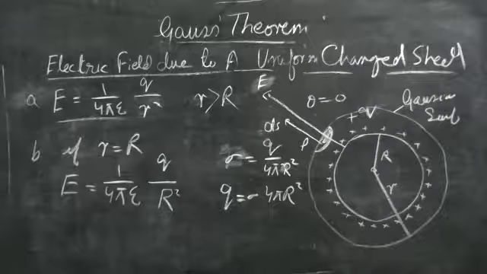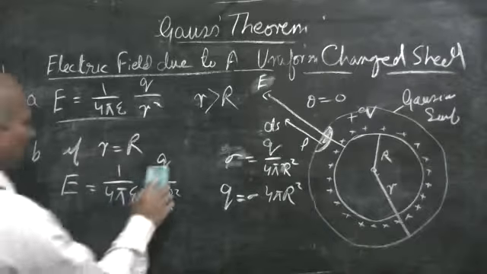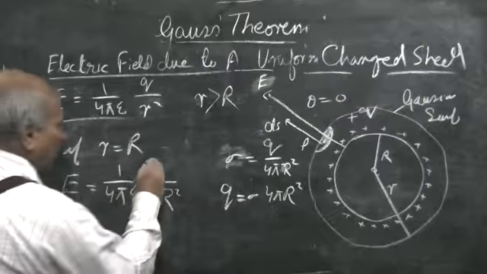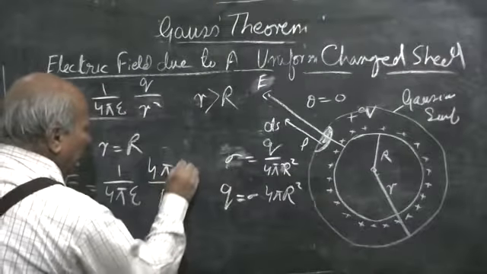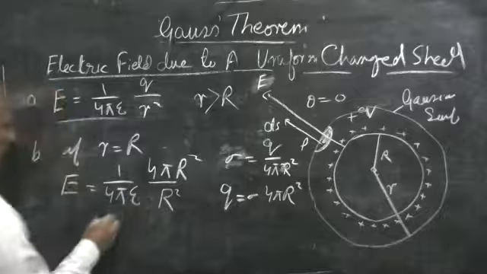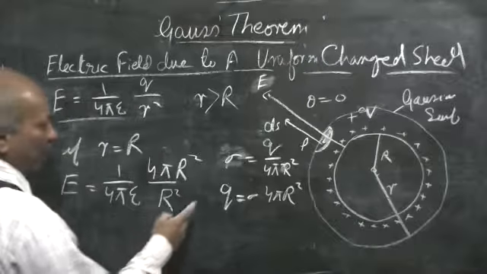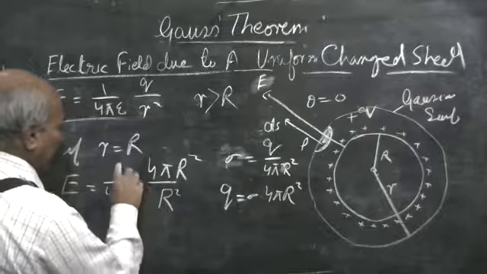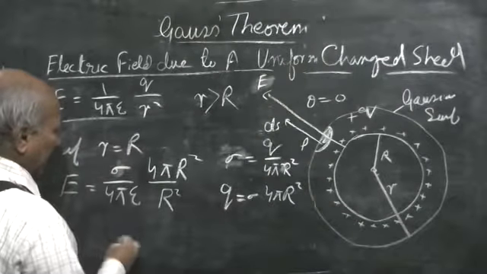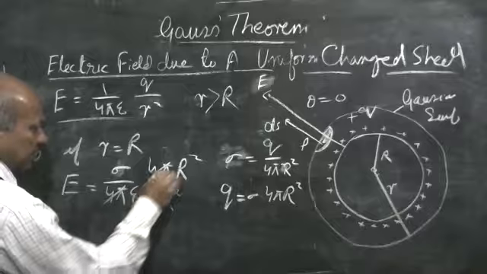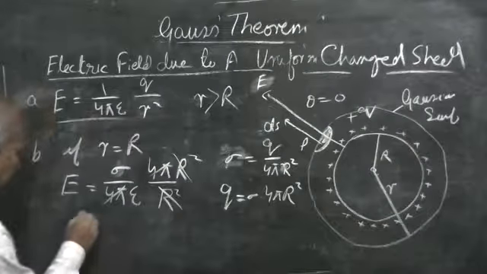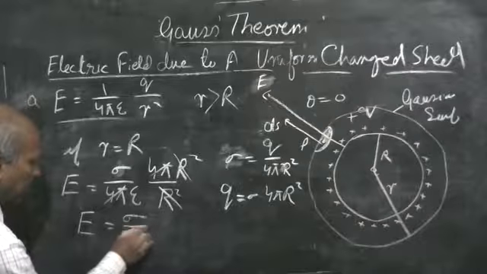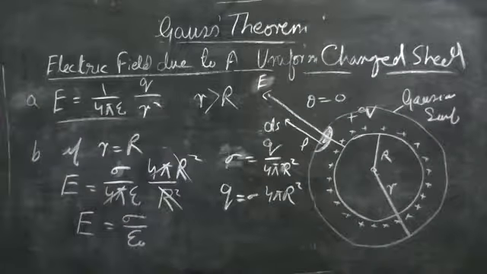Now putting this value, 4 pi R square into sigma, this will cancel, this will also cancel. Electric field E is equal to sigma upon epsilon naught.